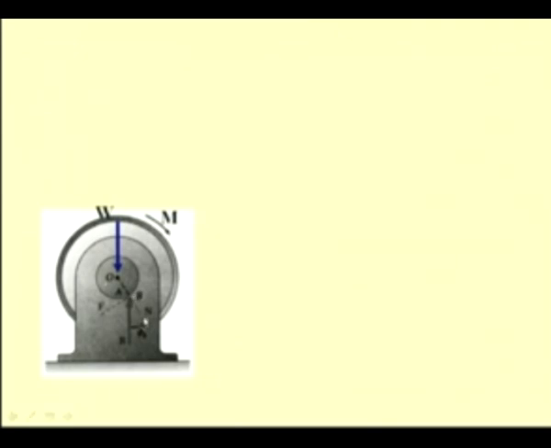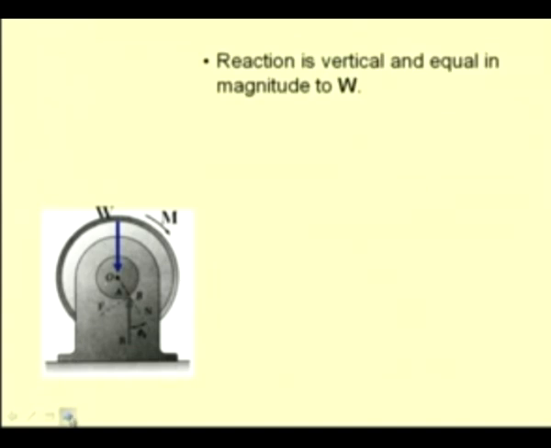For this equilibrium position, we know the angle between the resultant and the normal force is phi k, which is the angle of kinetic friction. Certain things you can again observe: the reaction is vertical and is equal to the magnitude of the weight carried by the axle.